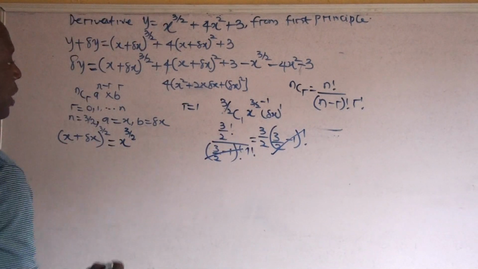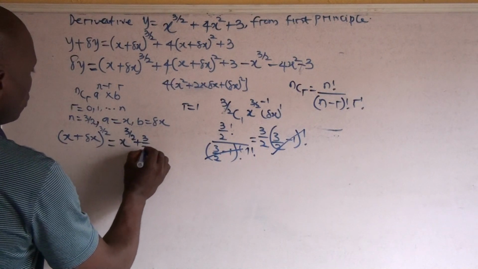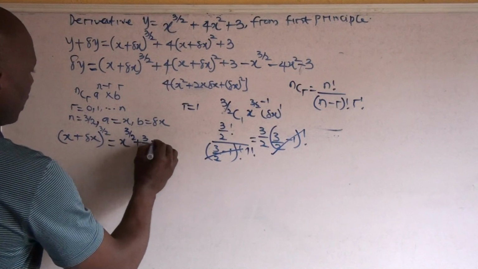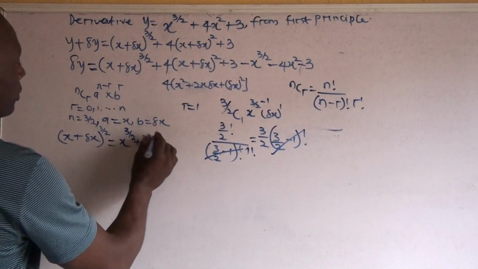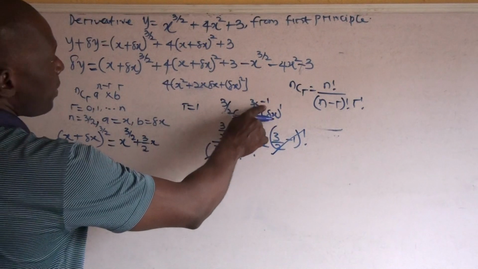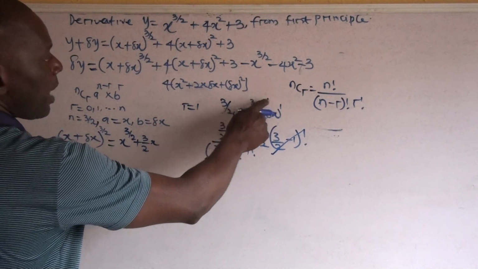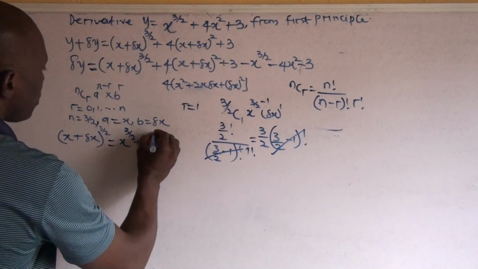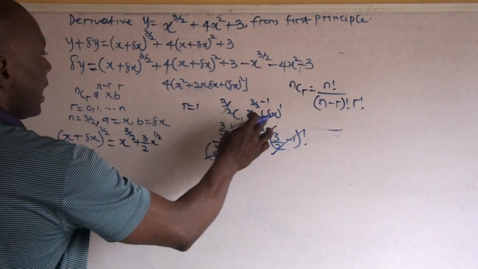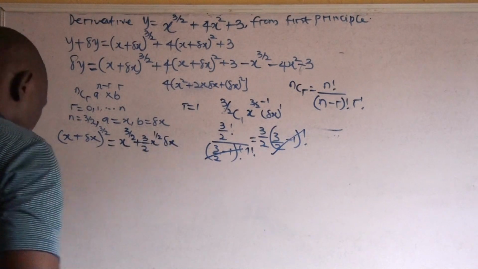So our second expression there is going to be plus 3 over 2 x. So our x here, if we do this fraction, this will be 3 over 2 minus 1, which is half, raised to power half. Okay, and our delta x here will just be delta x. Okay, so we are done with that.